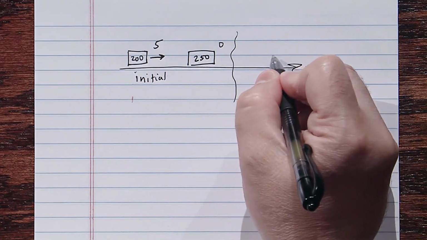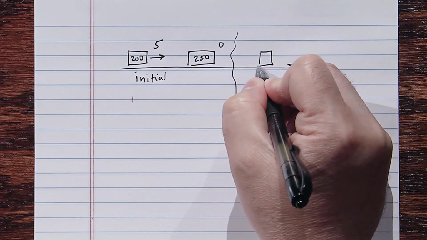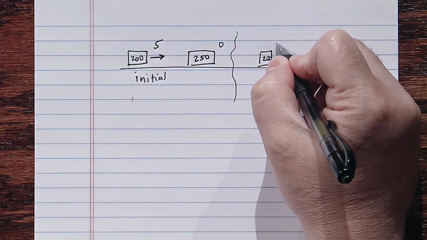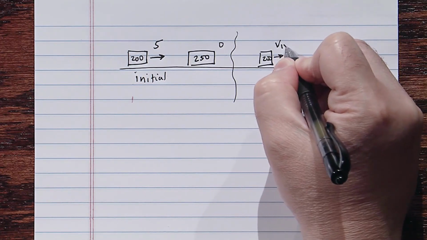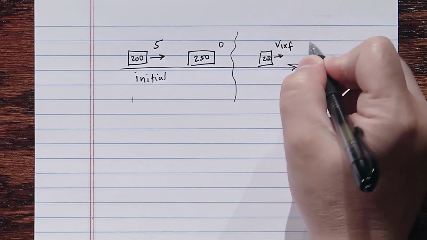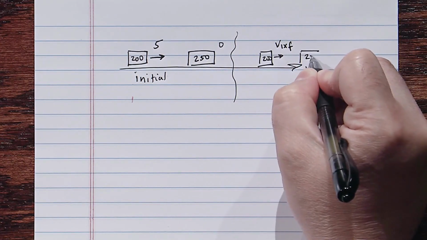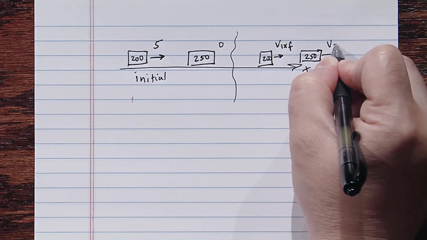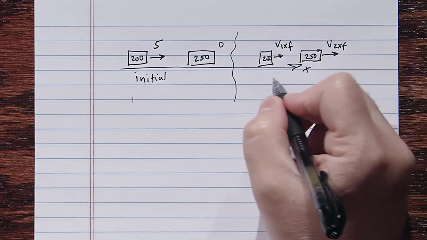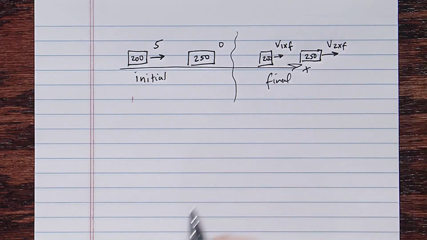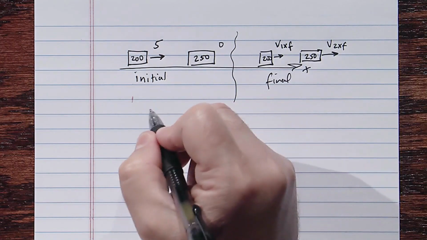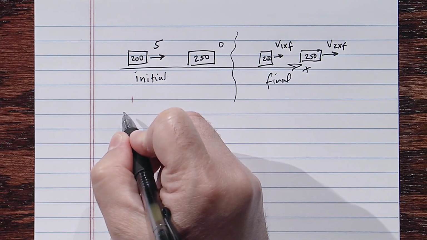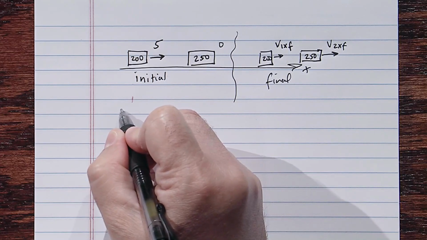And our final situation is that they have bumped each other, and we'll call the speed of this one v1x final, and the 250 kilogram car, we'll say it's moving with v2x final. It's our final situation. And we know that the total momentum initially is equal to the total momentum finally.